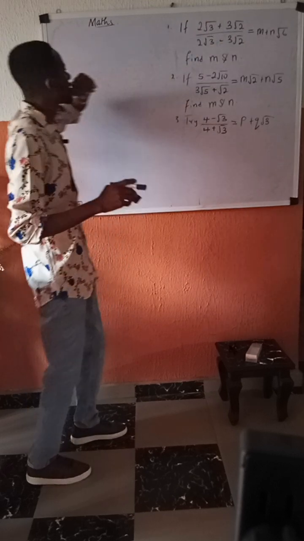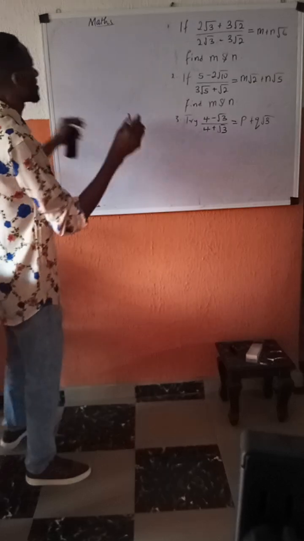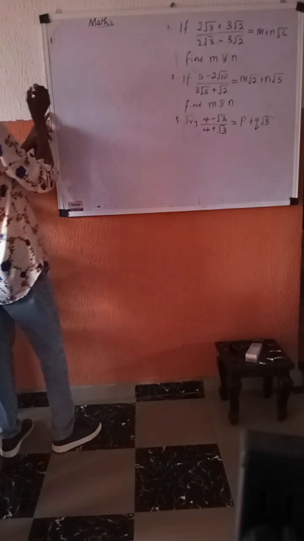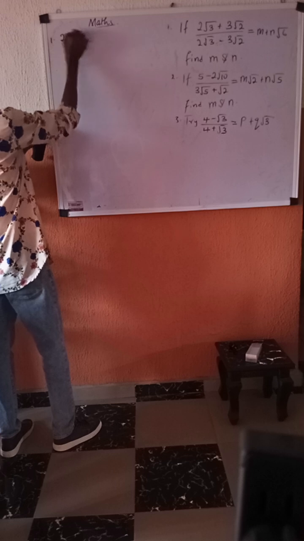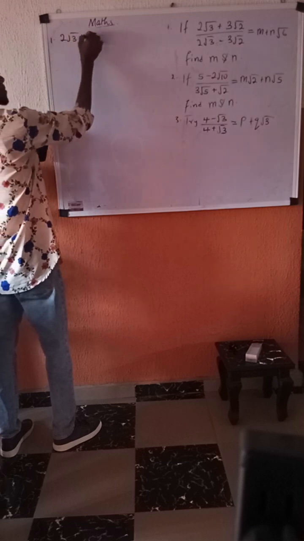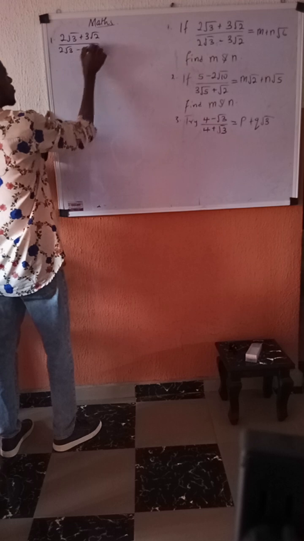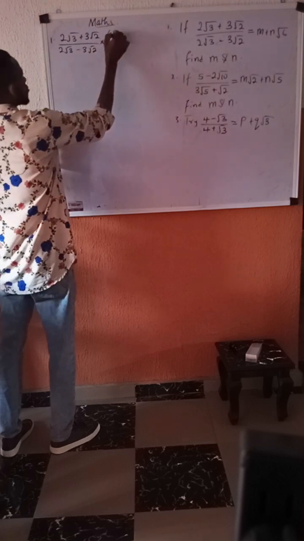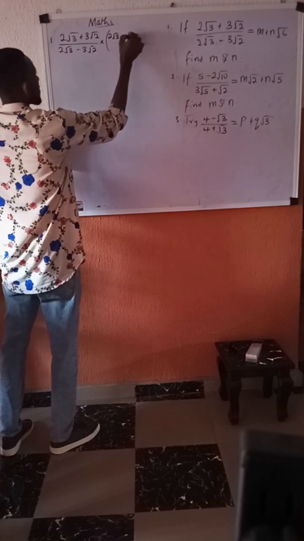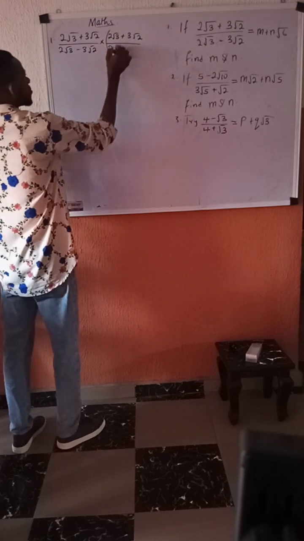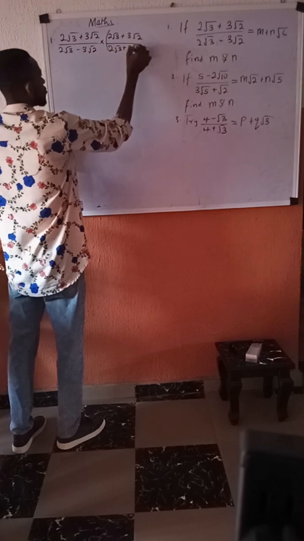So to rationalize the left-hand side, I am going to write like this. I'm beginning with number 1. Number 1 becomes 2 root 3 plus 3 root 2 all over 2 root 3 minus 3 root 2, multiplied by, I'll open a bracket, the conjugate of this, which becomes 2 root 3 plus 3 root 2 all over the same thing, 2 root 3 plus 3 root 2.